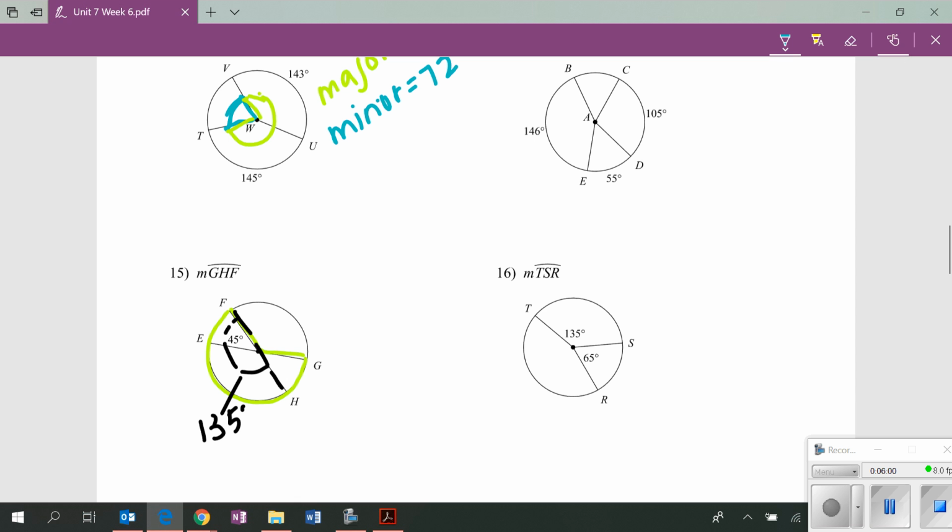And then we know vertical angles. So 45 is also here. And now to get my entire measure of my arc, I need to just add them all together. So that's 135 plus 45 plus 45. And the measure of my entire arc GHF is 225 degrees. Okay.